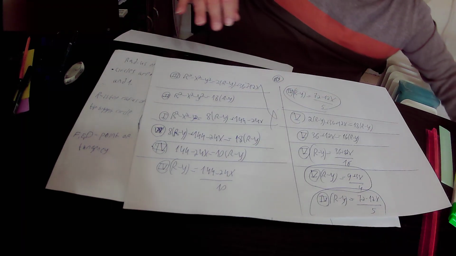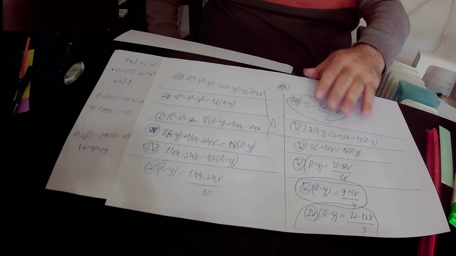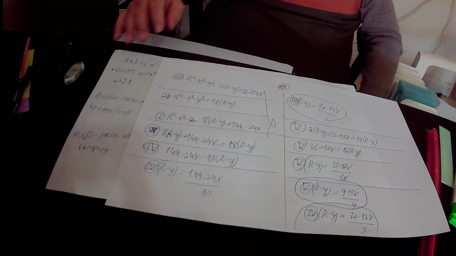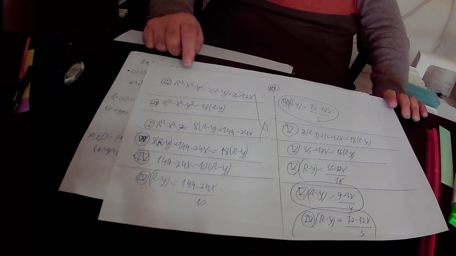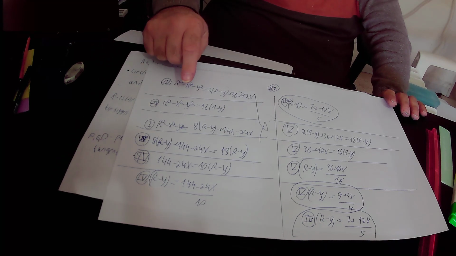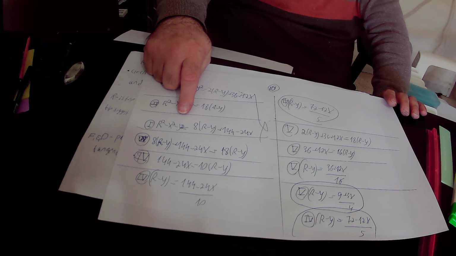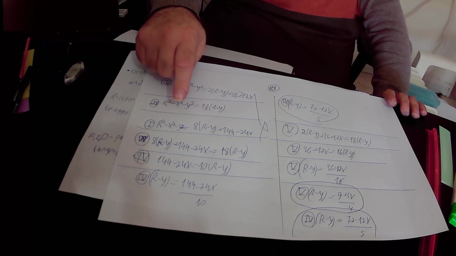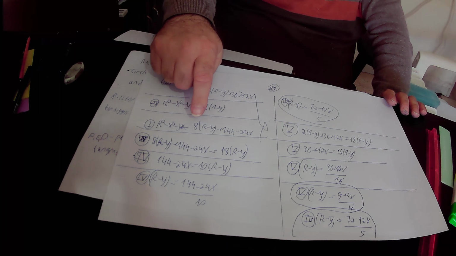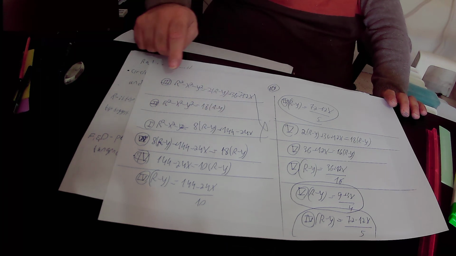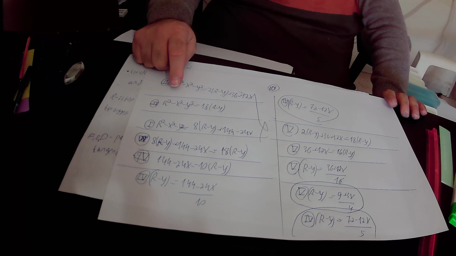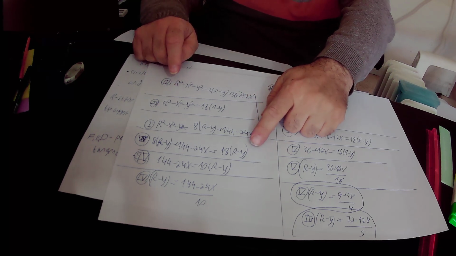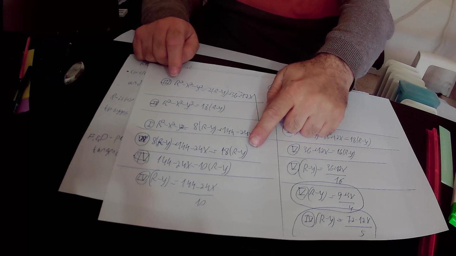Then we presented the 3 equations in one page, and we created equation number 4 that states that R squared minus x squared minus y squared according to equation number 1, that is actually equal to 8 times R minus y plus 144 minus 24x, must be equal to R squared minus x squared minus y squared according to equation number 2, that is actually equal to 18 times R minus y.